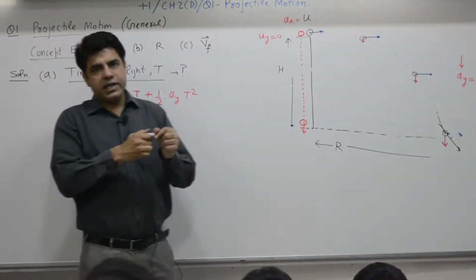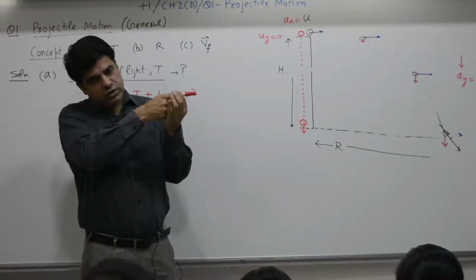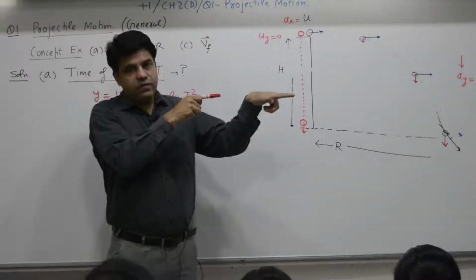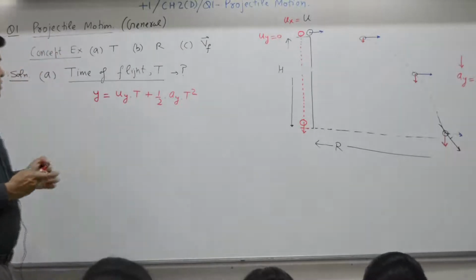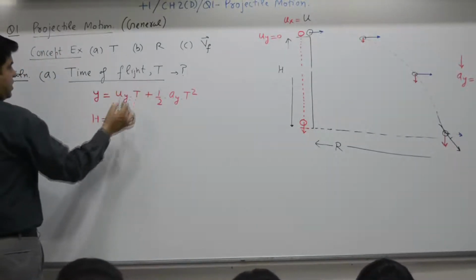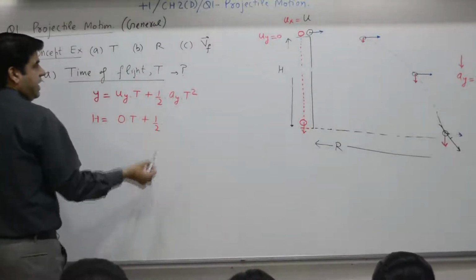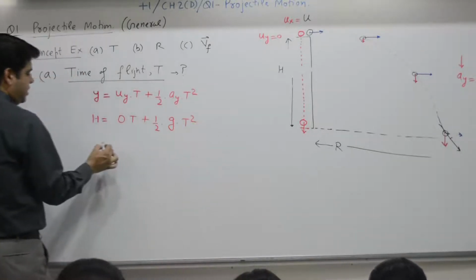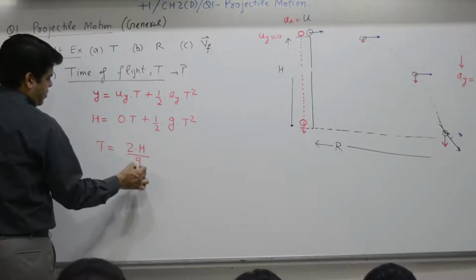If you fire a gun horizontally, the initial horizontal velocity is there, but the initial vertical velocity is 0. y is equal to h, uy is 0, plus 1 by 2 g t square. T is equal to square root of 2h by g.